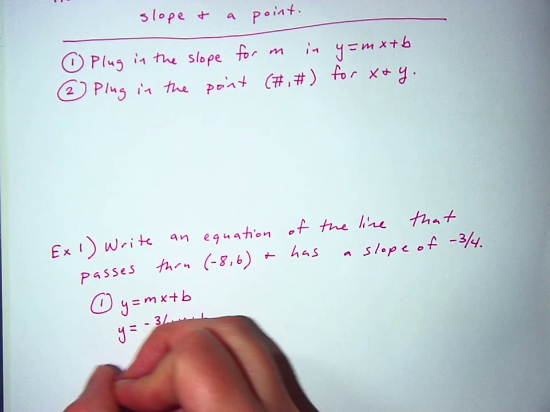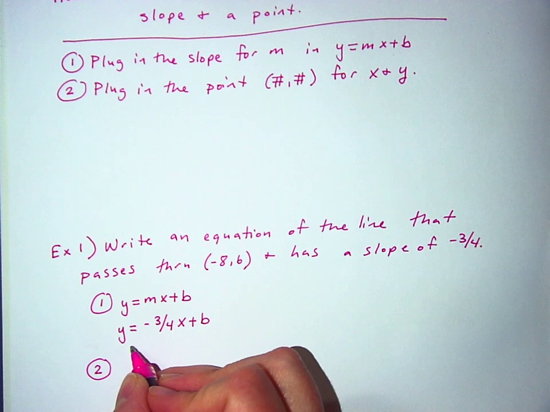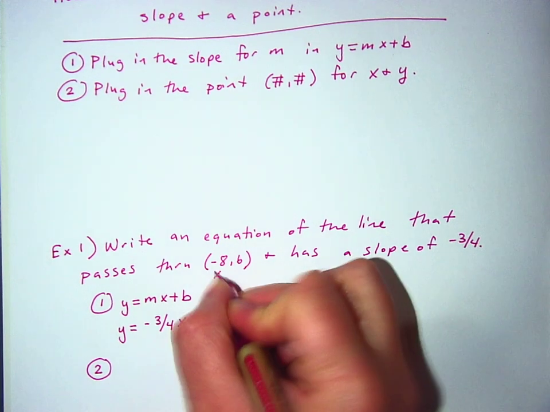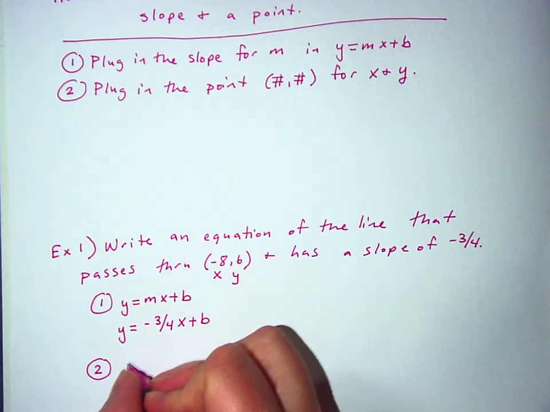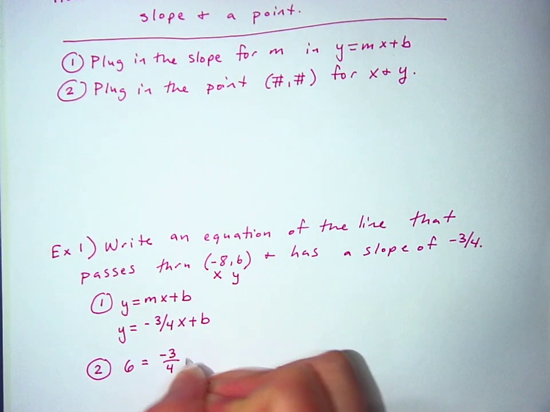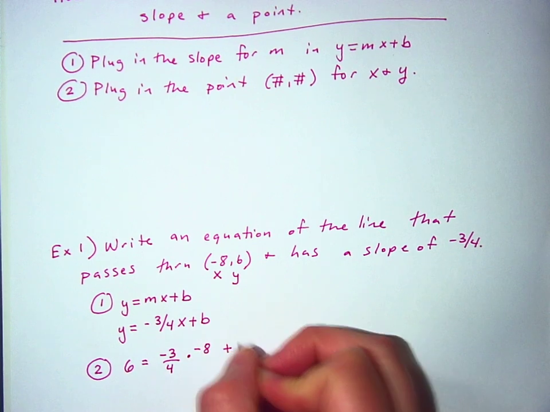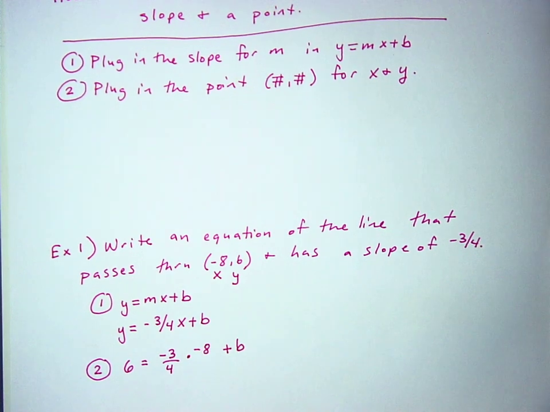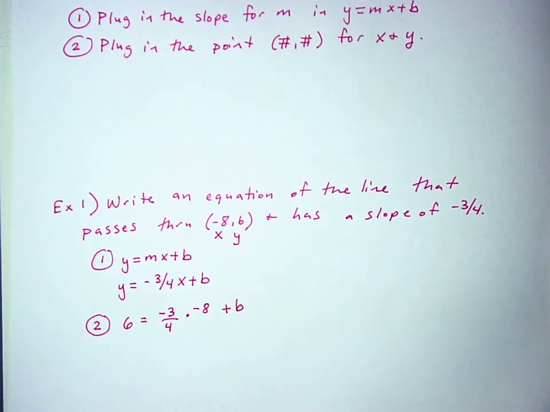So for step 2, I'm going to take this equation that I just had, and this is my x, and this is my y. So I'm going to plug in 6 for y and -8 for x. Okay.